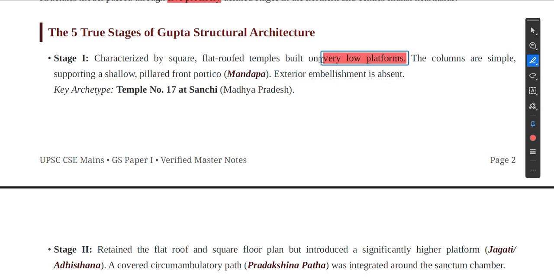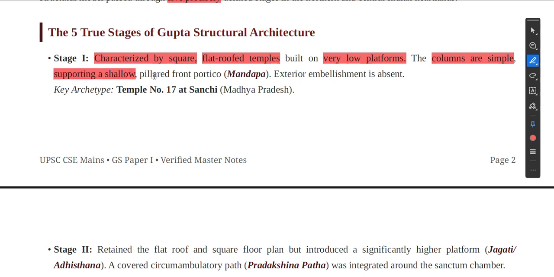It was flat roof temples, characterized by square plans. The columns are simple, supporting a shallow pillared front portico, the mandapa. Exterior embellishment is absent in the initial phase. This type of architecture you can find at Sanchi, temple number 17 at Sanchi, Madhya Pradesh. This is one of the examples of the earliest temples in India.